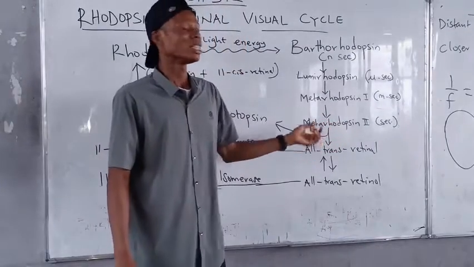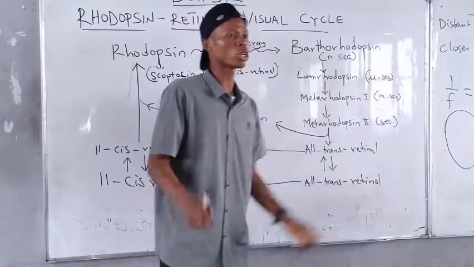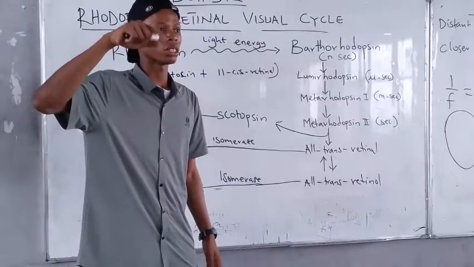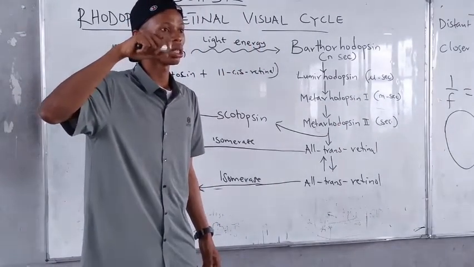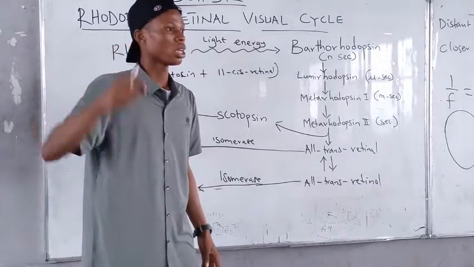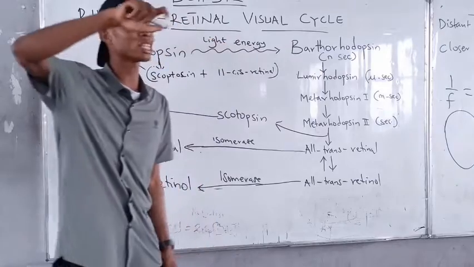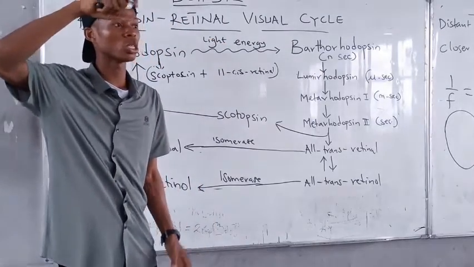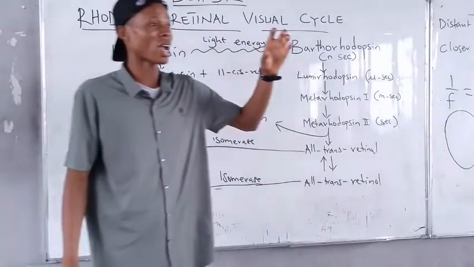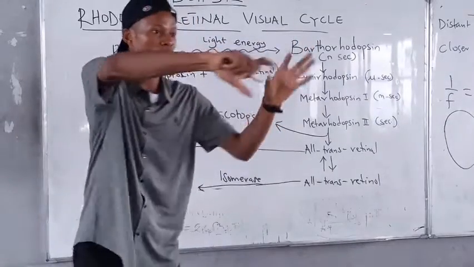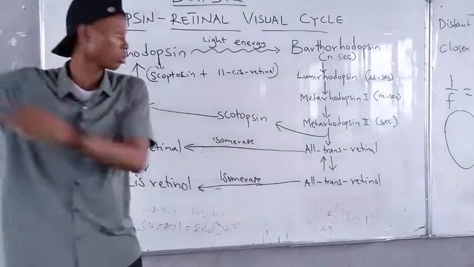Now it is this metarhodopsin 2 here that will cause the what? That will cause what? Excitement of what? Electrical charge, electric charge. And this charge will now stimulate what? The rod cells, right? Send impulse. Impulse will now be sent to the central nervous system.